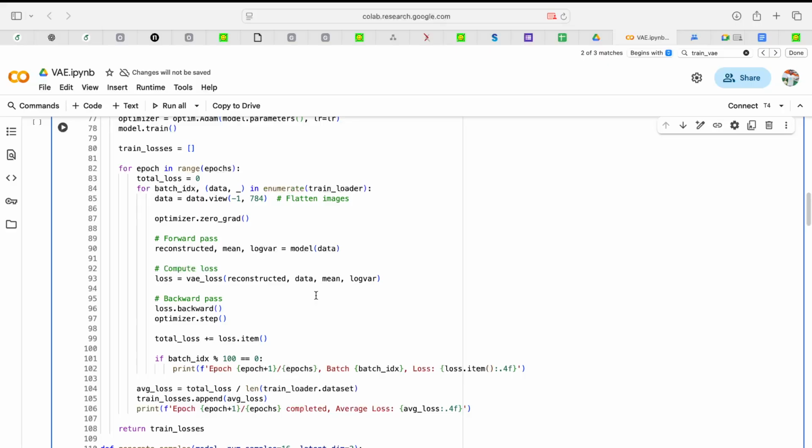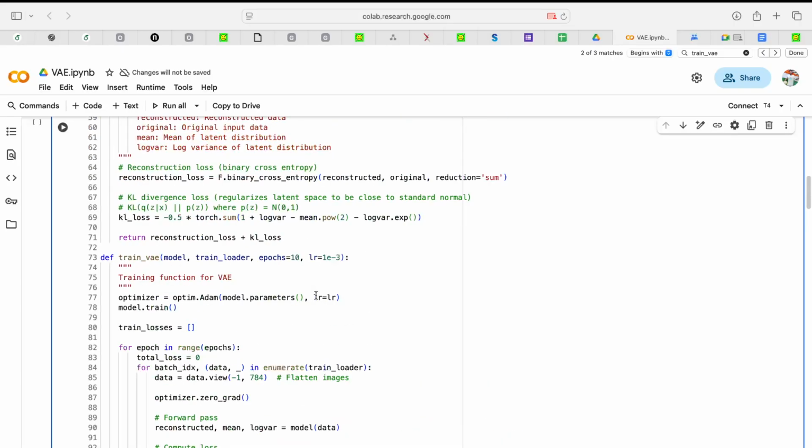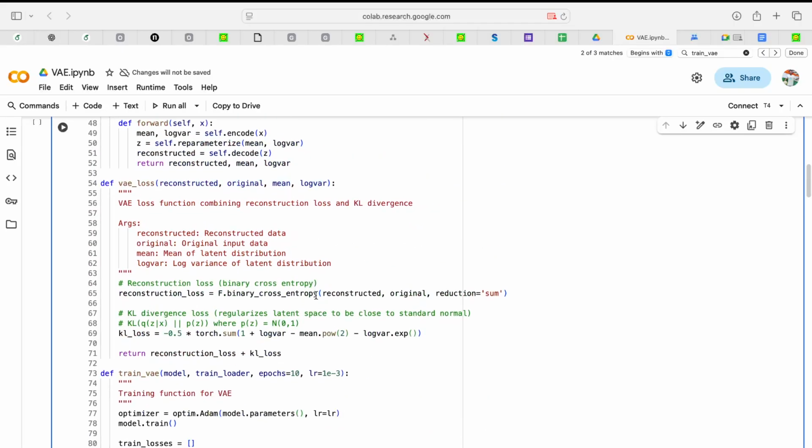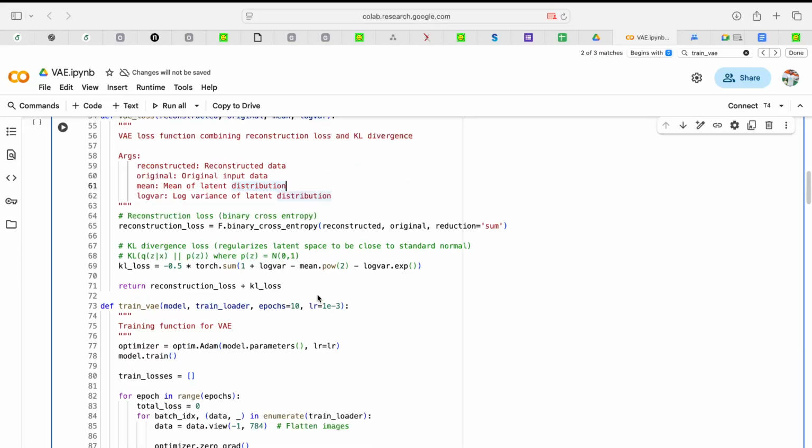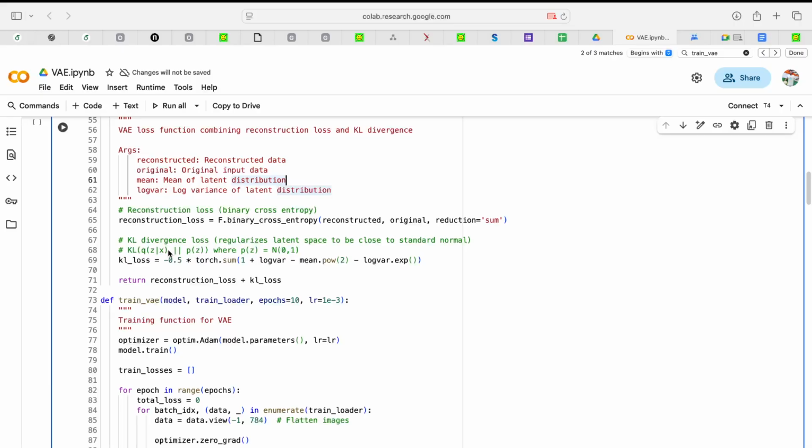In the loss, you compare the original data and the reconstructed data. So in the VAE loss, the reconstructed and the original are compared. They have taken the cross entropy loss for comparing, and you also need the KL divergence loss.